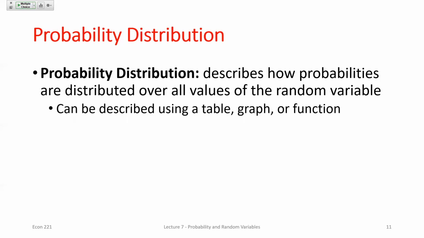Every possible numerical value might have a different probability. So we can do the same thing with this probability distribution that we did with a frequency distribution. We can put it in tables and graphs.